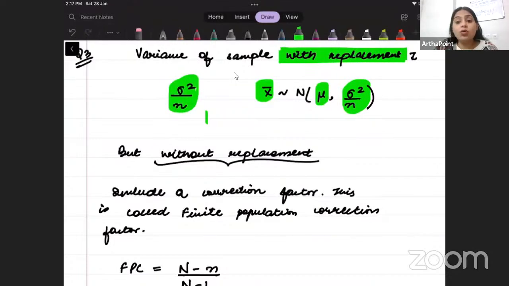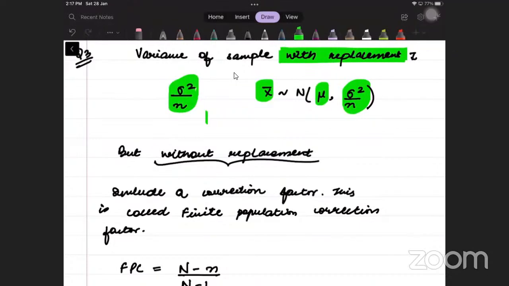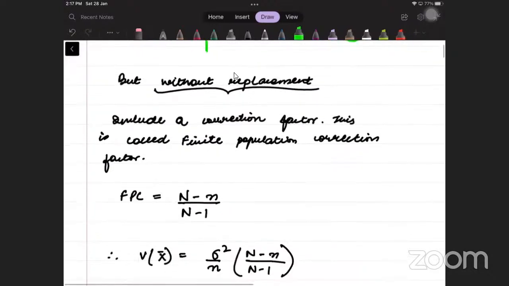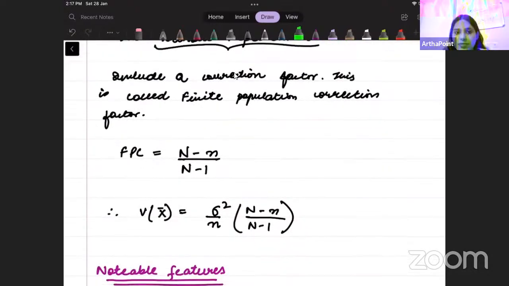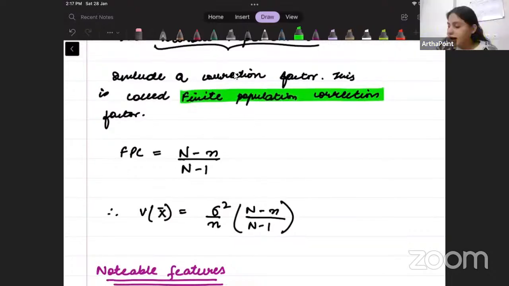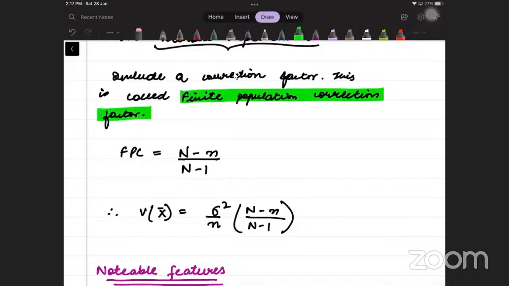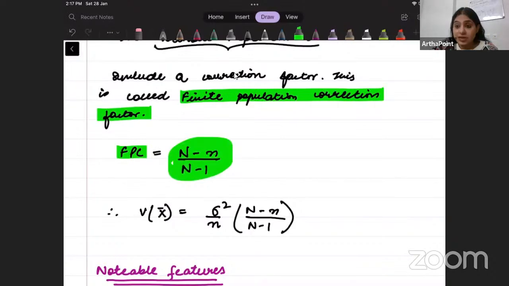Now let's talk about without replacement. When I talk about without replacement, we have something known as a correction factor, the finite population correction factor. That is given by capital N minus small n upon capital N minus 1, where capital N is for population and small n is for sample.